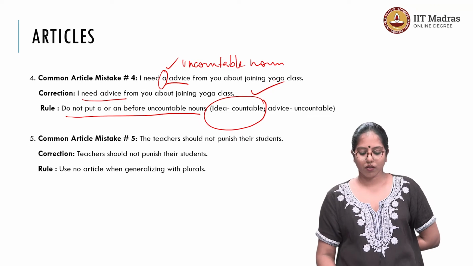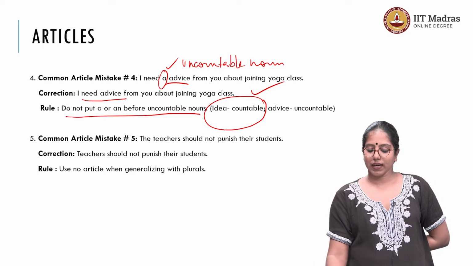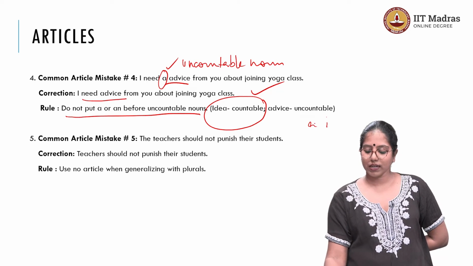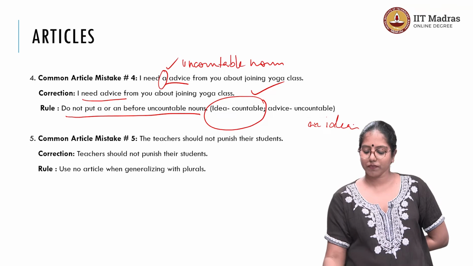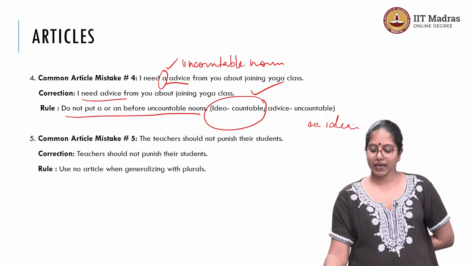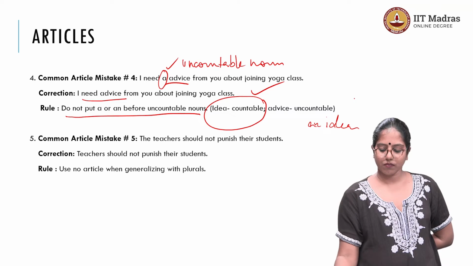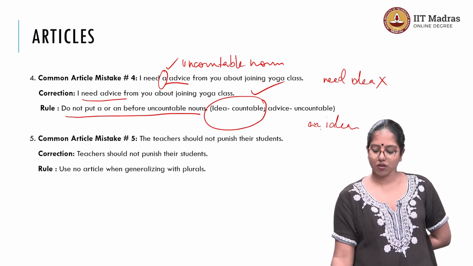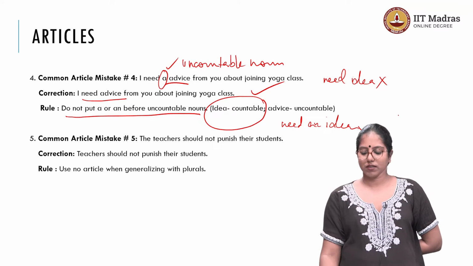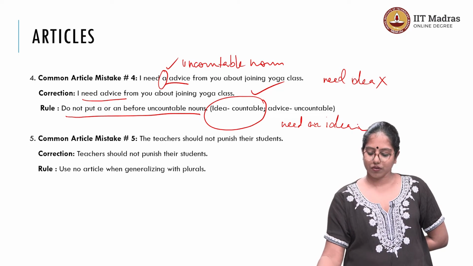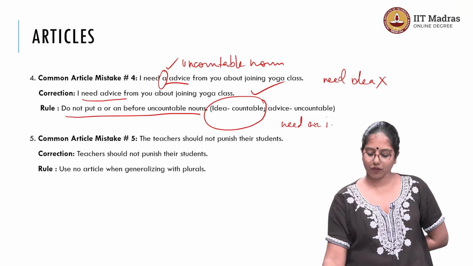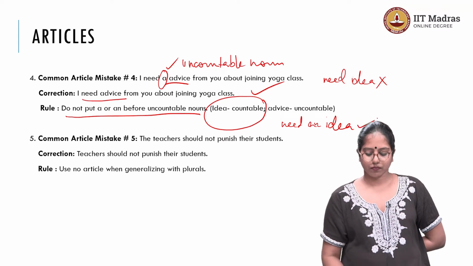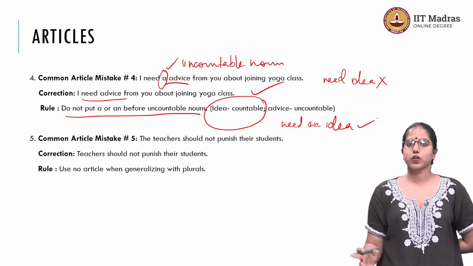Therefore, you may say I need an idea. You don't say I need idea. Need idea will be wrong, whereas need an idea will be the right sentence. Okay, so keep that in mind.